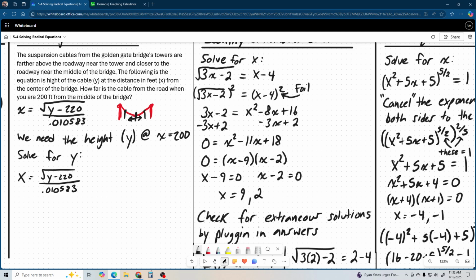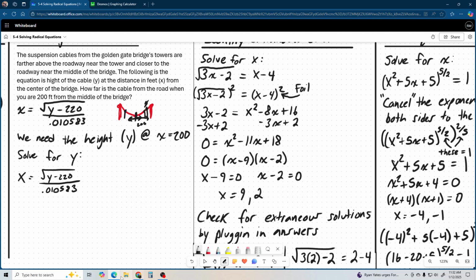Okay. How far is the cable from the road when you are 200 feet from the middle of the bridge? So in other words, if I've gone 200 feet this way, how tall is that point? That's what we're looking for, y, right?